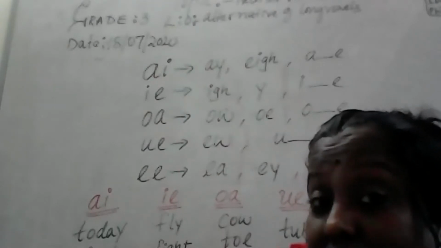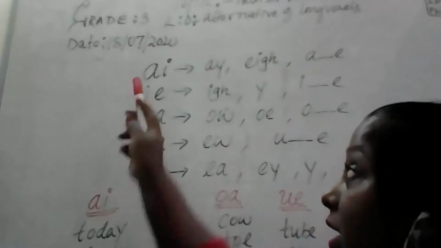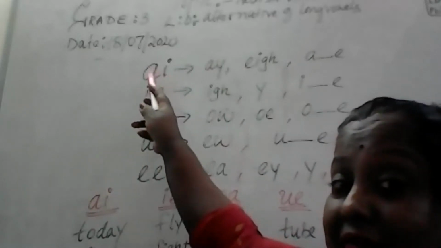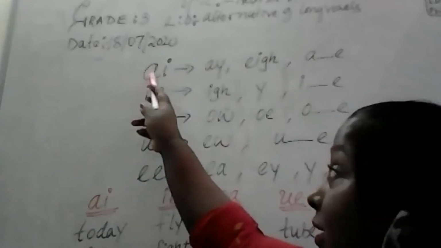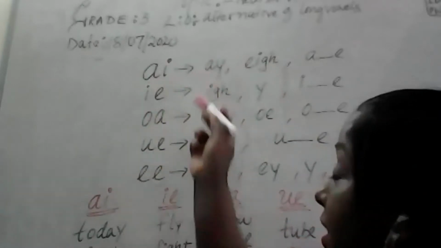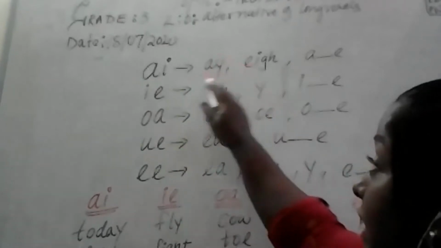What is the letter A's name? A. Now with A and I together, we are not saying the short sound; it says its real name because one more vowel is with it. So it says A. Now you see, these are the alternatives for A.